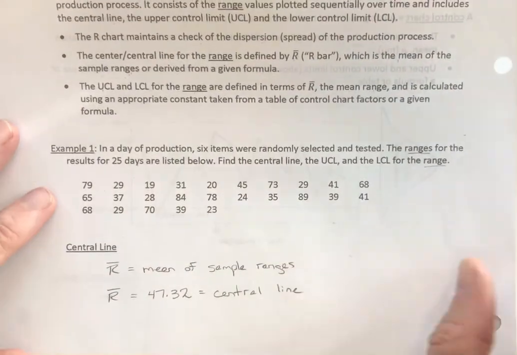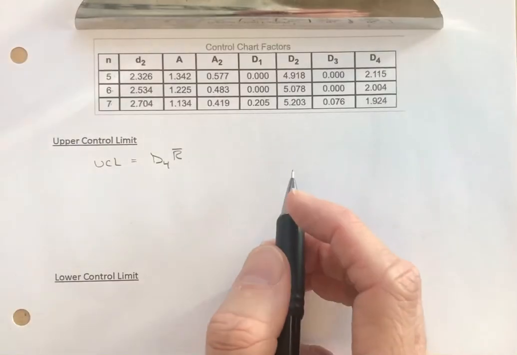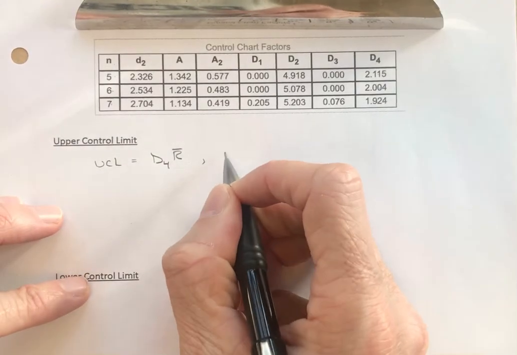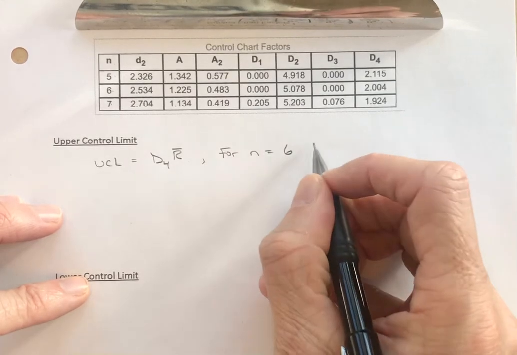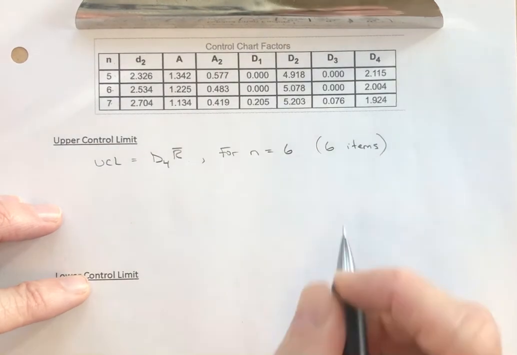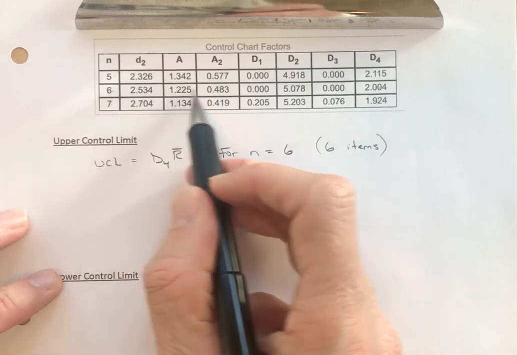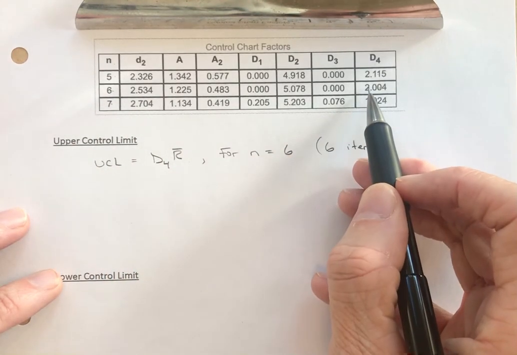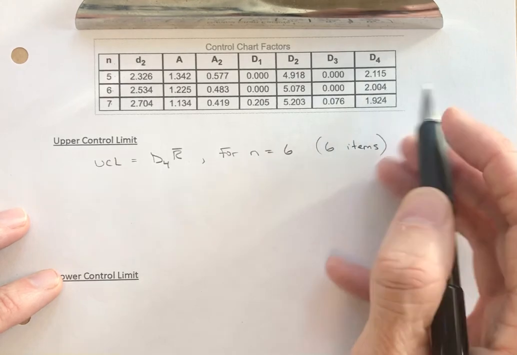Well, back to here, we noticed in our example that we have 6 items. So we want to say n equals 6 because we have 6 items. We're going to look at the row that has a 6 in it and go to D4, and our constant is 2.004.